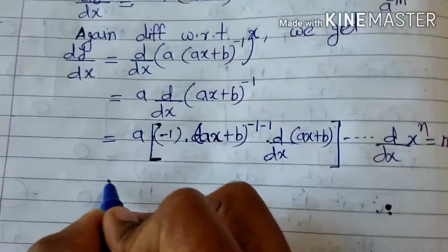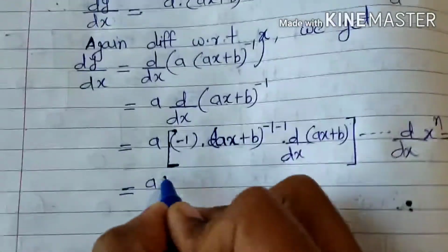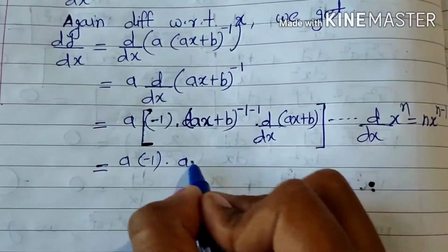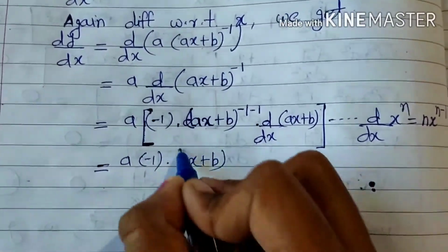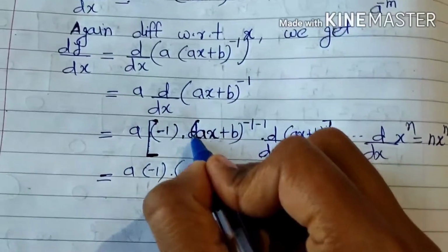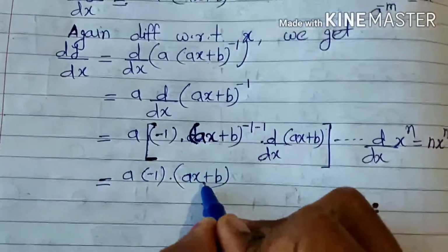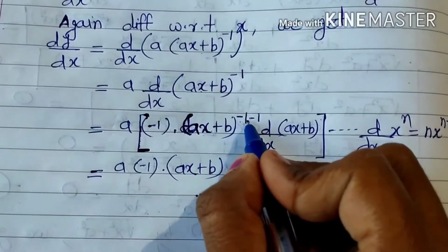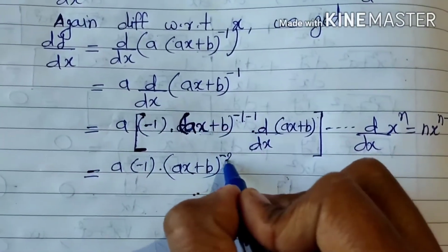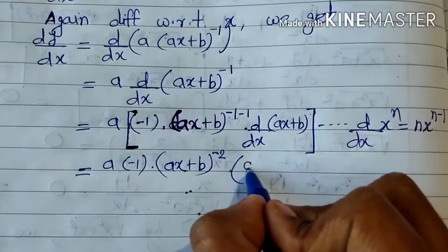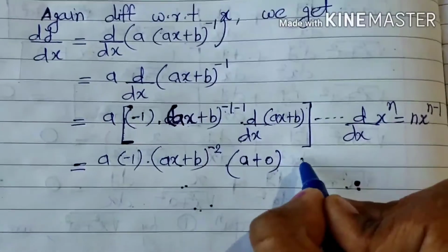So write it like that, a into minus 1 into ax plus b, this is bracket, and here is a. So ax plus b, this minus 1 will become minus 2, into derivative of ax plus b is a plus 0.